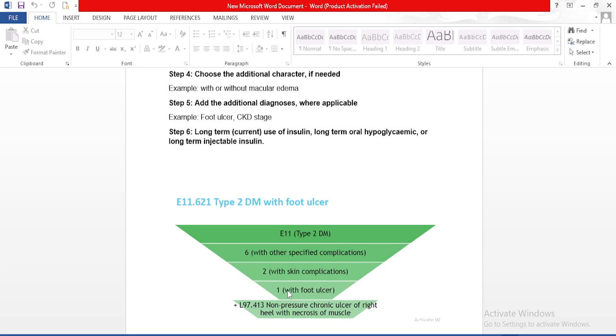And also as per the guidelines, we need to code the type of ulcer of the foot along with E11.621, which is L97.413, non-pressure chronic ulcer of right heel with necrosis of muscle. Based on severity, this L97 series code will change.